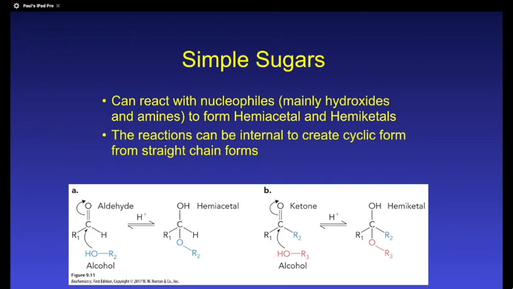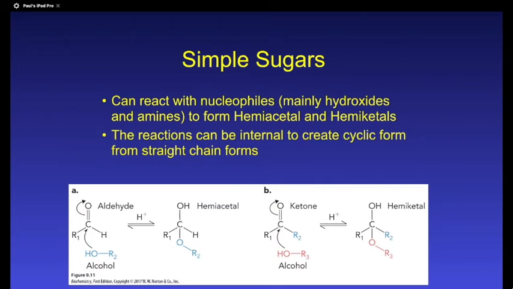Now, simple sugars are great, but you don't eat simple sugars. Okay? You don't actually eat glucose by itself. That's kind of a misnomer. The smallest sugars that normally you eat are what are called disaccharides, 2 put together. But our body processes monosaccharides, single ones. And so the simple sugars can react together, and they react at that ketone.